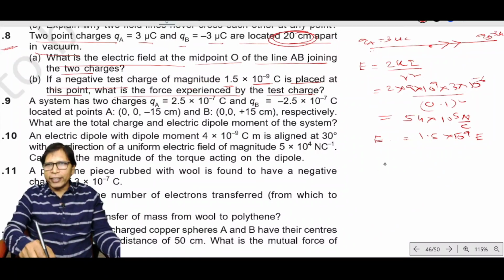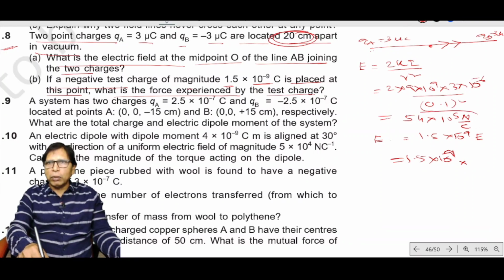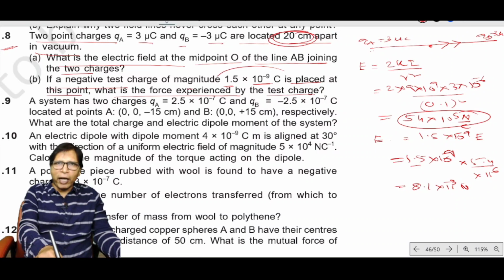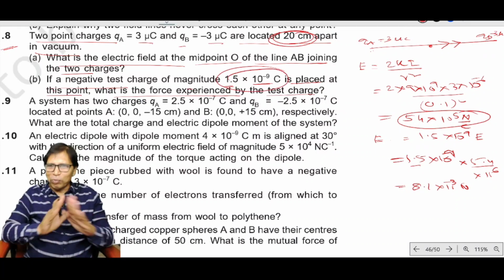So it is 1.5 into 10 to the power minus 9 into 54 into 10 to the power 5. This is 5.4 into 10 to the power 6. Therefore 1.5 into 5.4 gives 8.1 into 10 to the power minus 3 Newton, the force experienced by this charge. Okay, no problem.